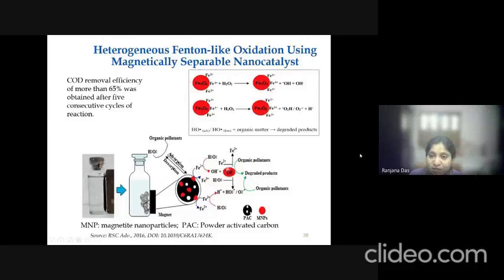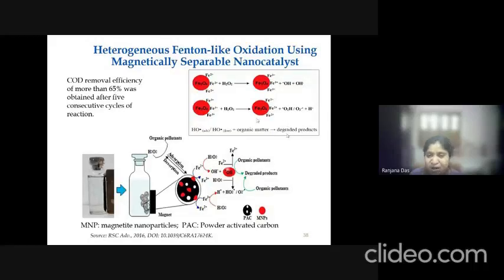Now, if you observe this mechanism, it is basically producing the active oxygen radicals. These oxygen radicals are responsible for degrading the organic matter to a non-toxic form, or sometimes it is called the mineralization of the organic matter.